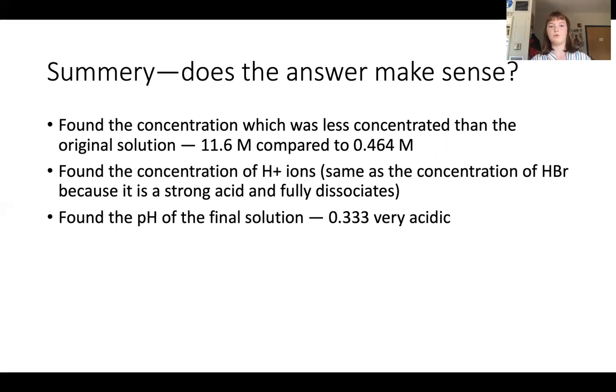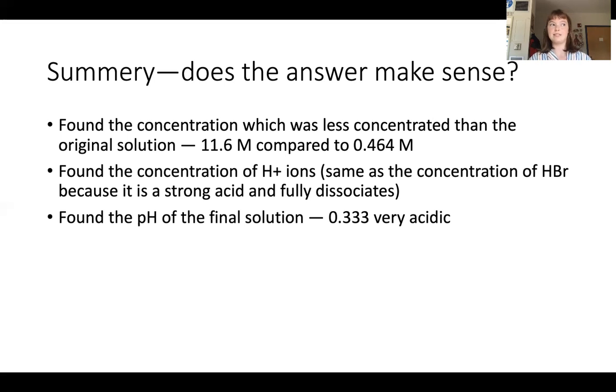The second part where we found the concentration of H plus ions makes sense because HBr is one of the strong acids, so it will fully dissociate when in solution, and therefore the mole ratio between HBr and H plus is the same, or 1:1. Then finally, we found the pH of the final solution, giving us a final answer of 0.333 pH.